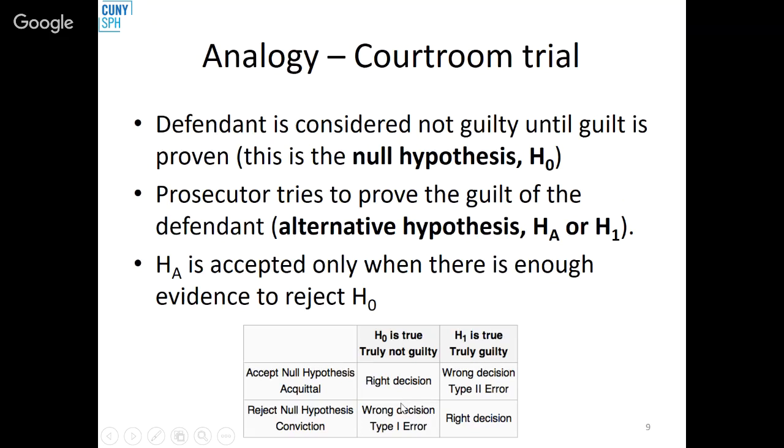That's when you think you have good evidence and you reject the null hypothesis when in fact you should not have. And then the second kind of wrong decision is the so-called type 2 error, where in this case the defendant is guilty, but you deliver an acquittal. So the evidence is out there, but you didn't have it. And so you stay with the null hypothesis.